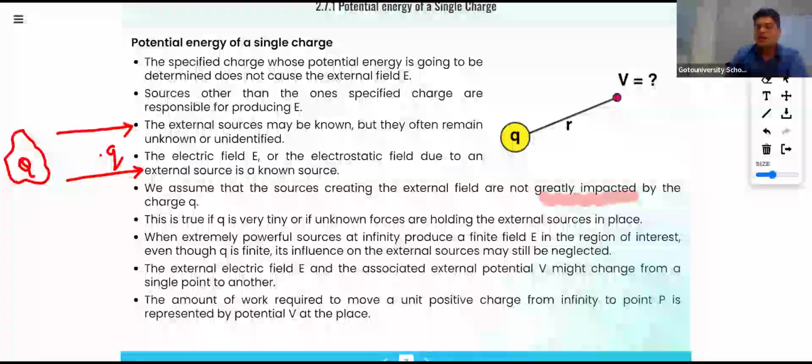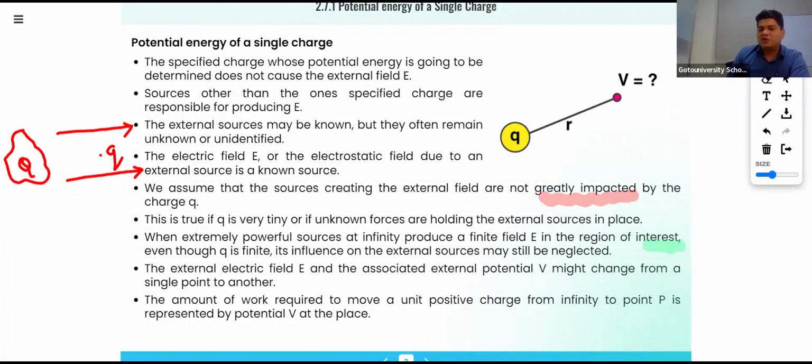I gave you the condition: the first condition was that our test charge will be very much smaller than the external source. Even when an extremely powerful source at infinity produces a finite field in the region of interest, even though Q is finite, its influence on the external source may still be neglected. So the external electric field E and associated external potential V might change from one point to another.